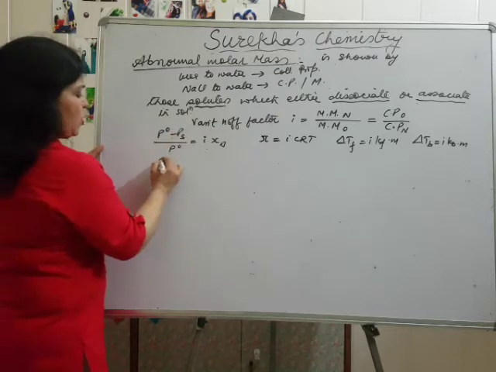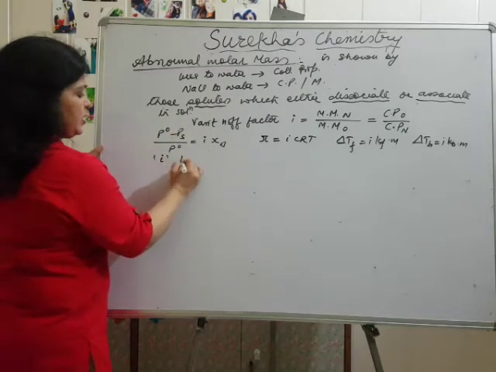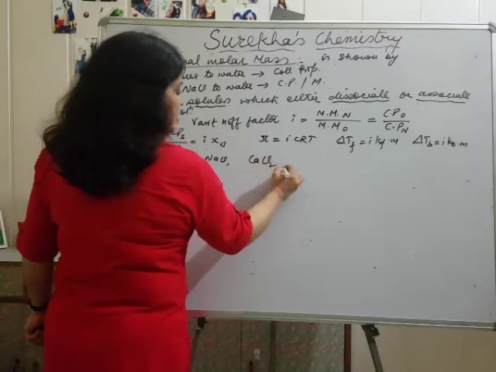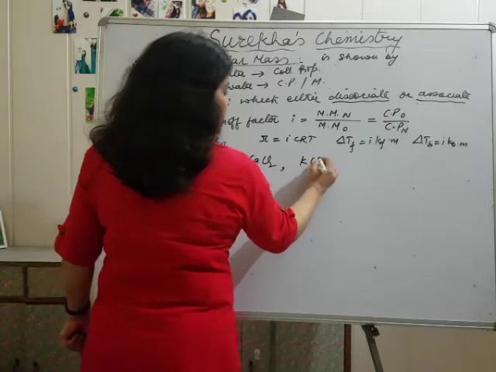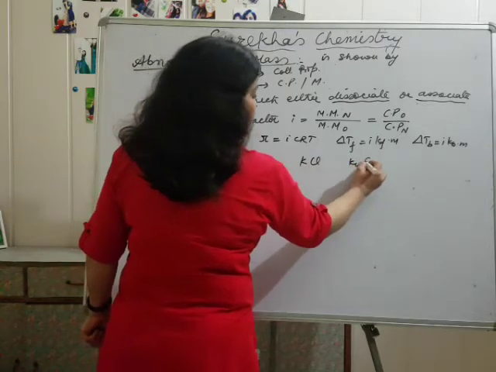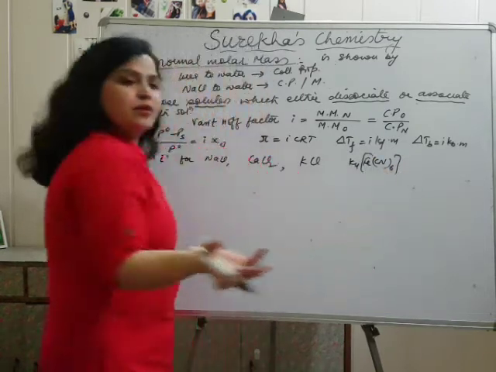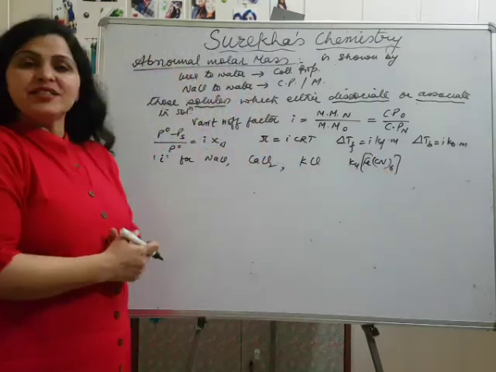By the way, what is the value of i for NaCl, CaCl2, KCl, K4[Fe(CN)6]? What is the value of i for these?